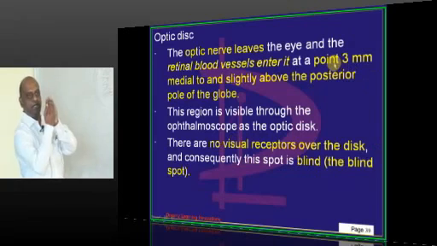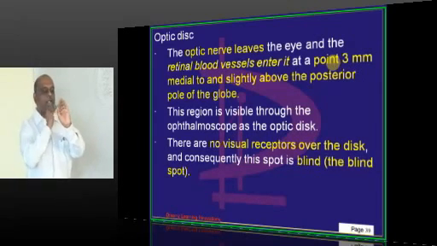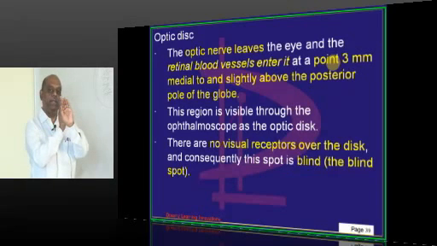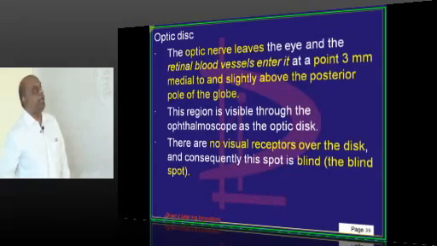You imagine a globe structure. The posterior aspect will have a posterior pole. So it is typically above it, around 3 mm medial to the midline, I mean to say, is the typical location of the optic disc.